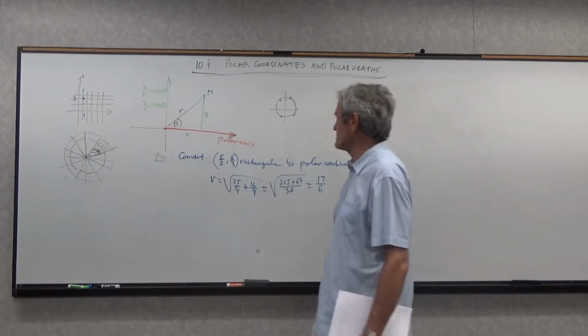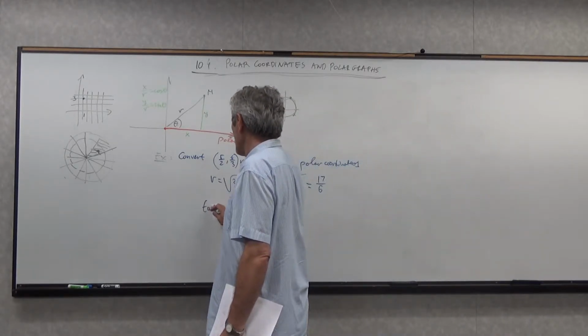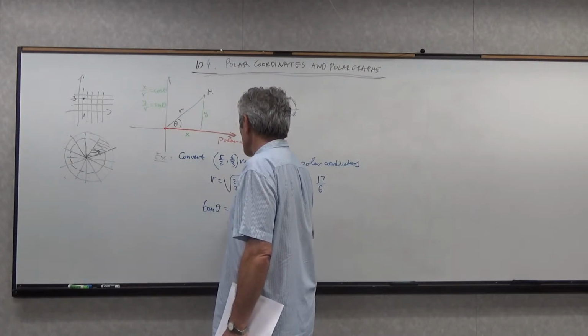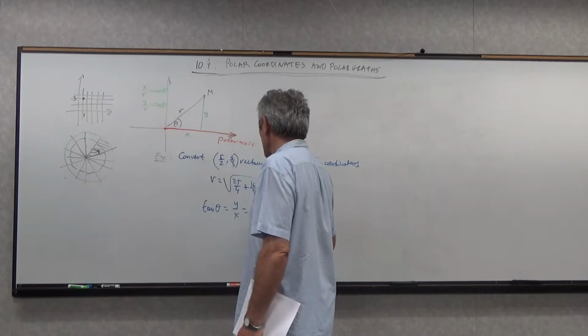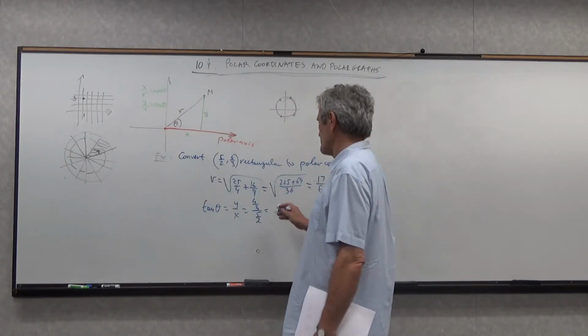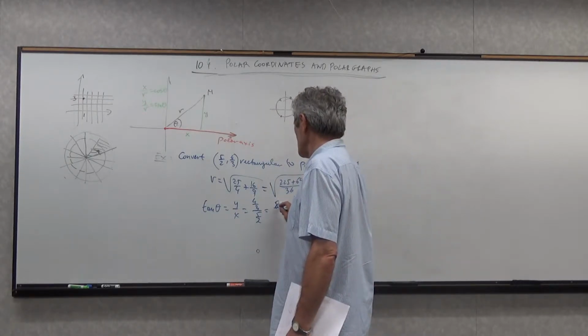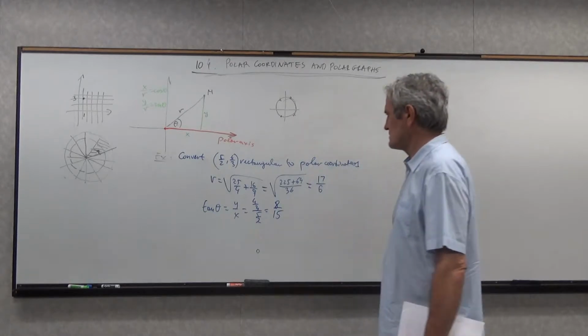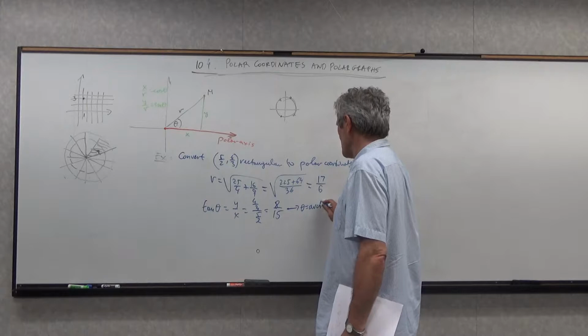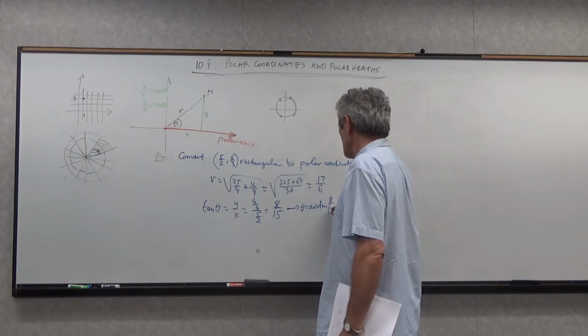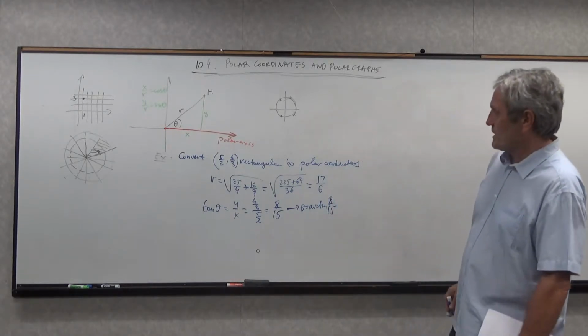What about theta? Tan theta equals y over x, which is 4/3 over 5/2. If I multiply by the reciprocal, I'll get 8 over 15. So, let's say theta is, I go to the calculator, arctan of 8 over 15, and I don't know if I should add pi.